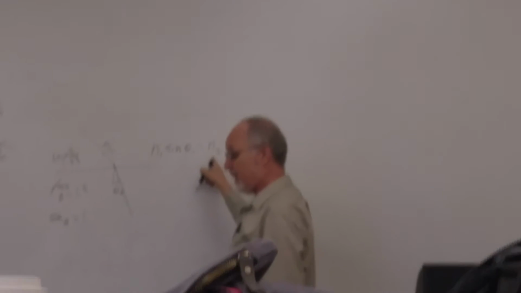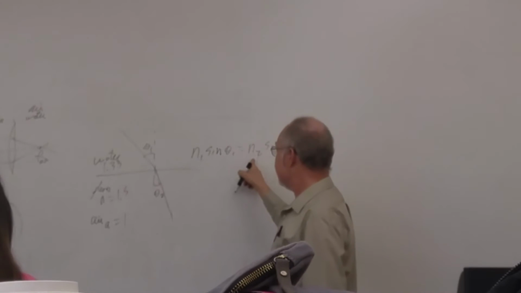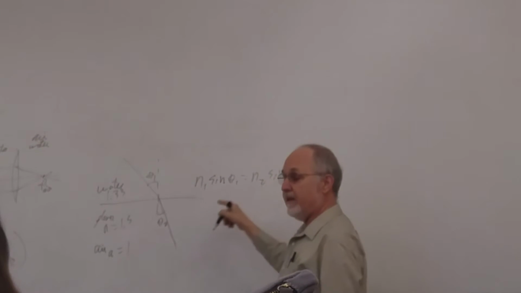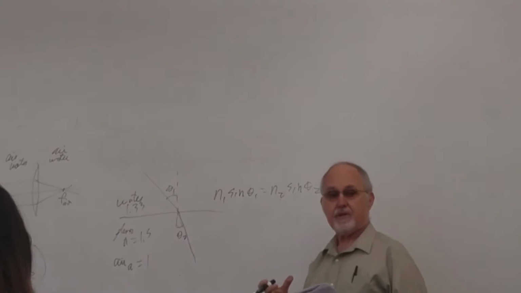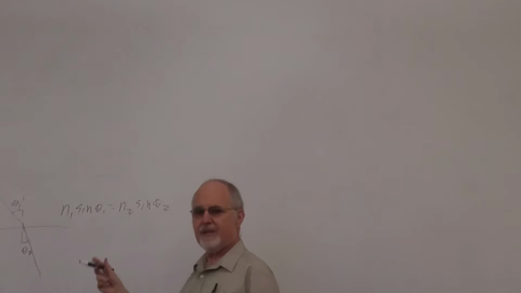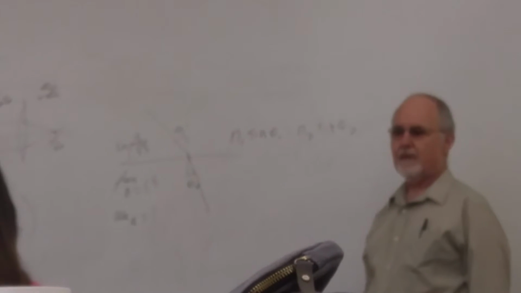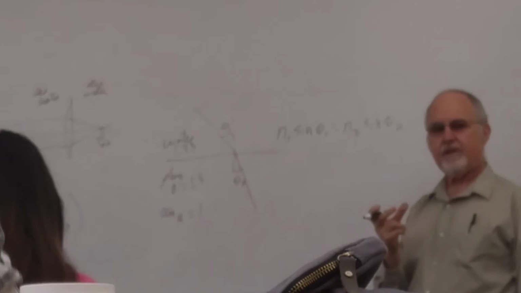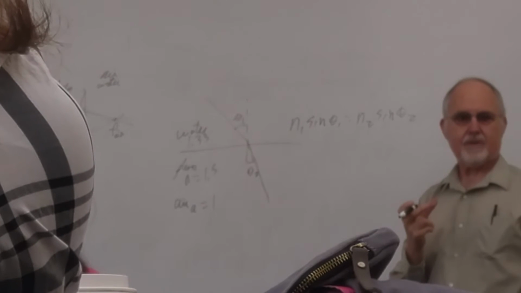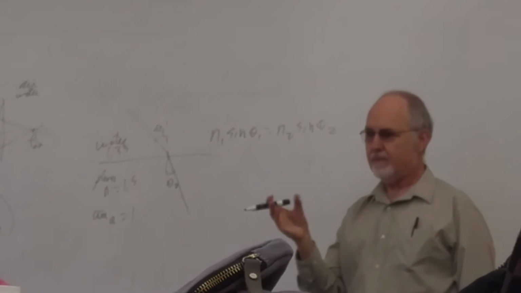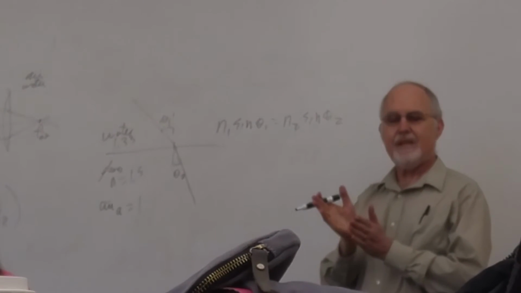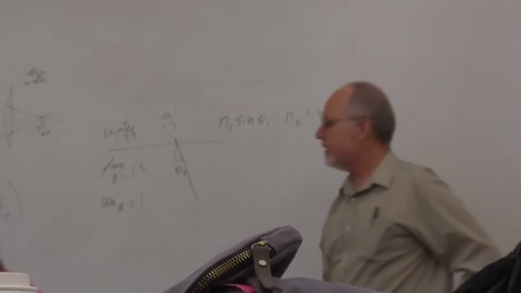Going from water to glass, it's a smaller difference in the end values. So the thetas are going to be different. The closer those ends are together, the less the bending is. Less they're going to deviate from their original path.